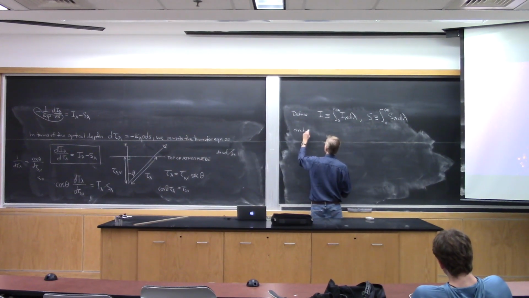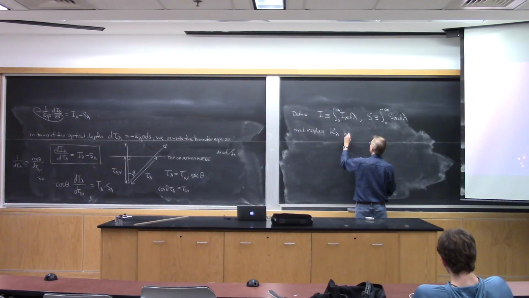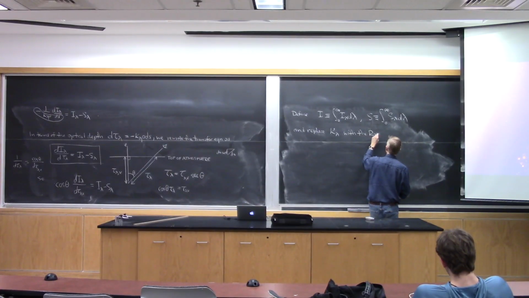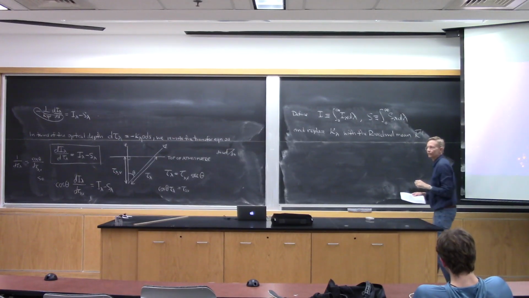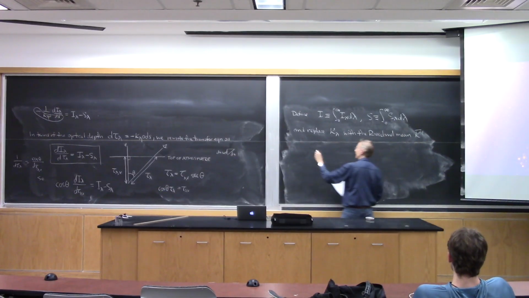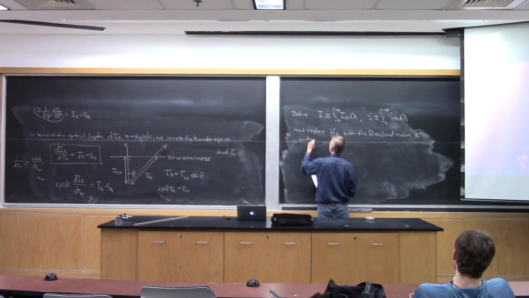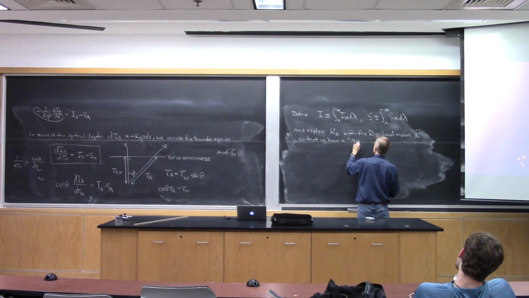And the other thing we'll do is replace kappa lambda with the Rosseland mean opacity, kappa bar, so that we have a so-called gray atmosphere.